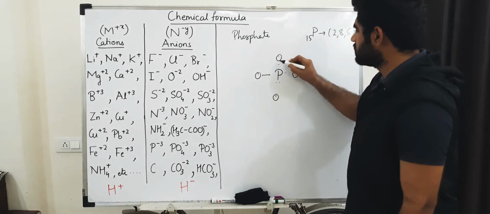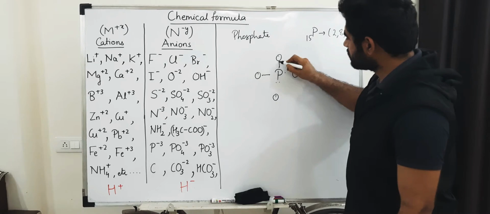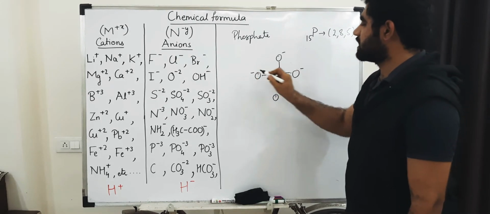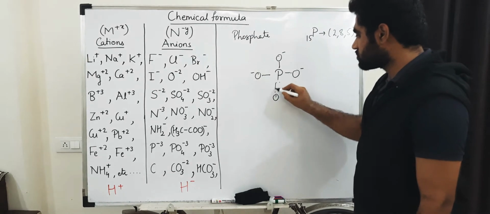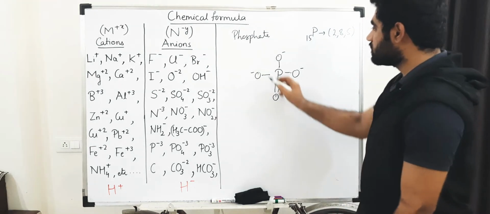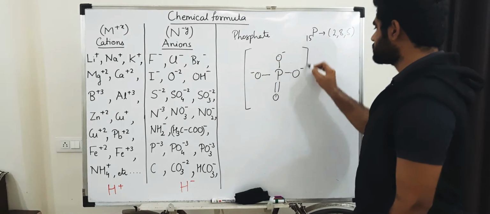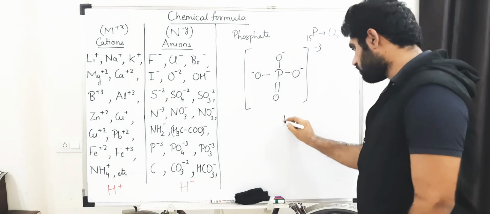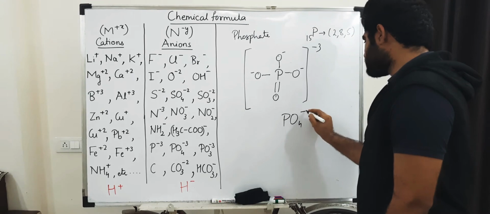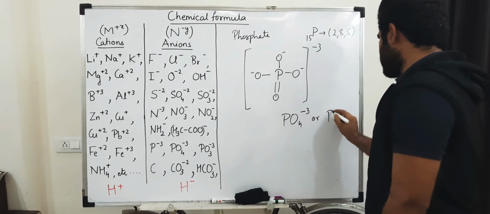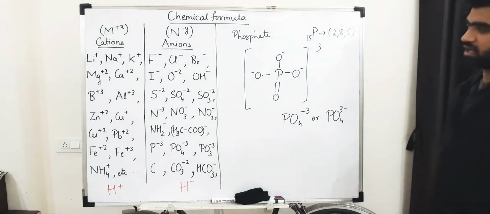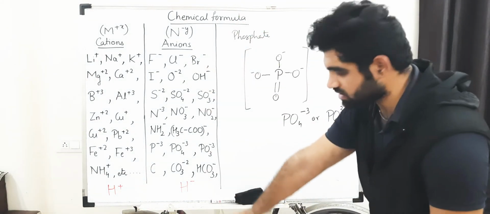Three oxygens share only 1 electron with it, therefore each of these oxygens has a negative charge, and this oxygen shares 2 electrons, resulting in a double bond. So here you can observe that there is -3. Therefore phosphate PO4 has -3, or you can also write PO4 3-. Any one can be the indication, not only for phosphate, for any of them.